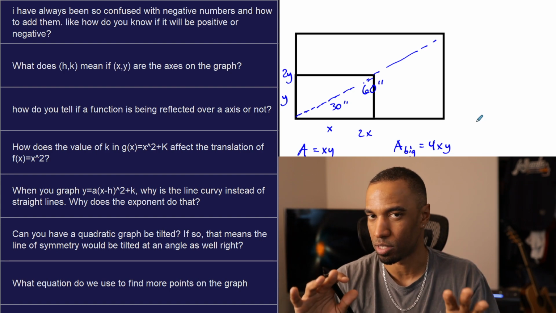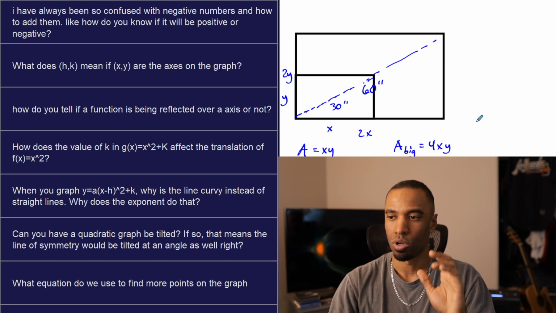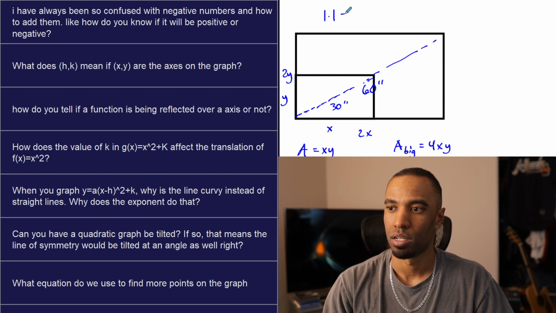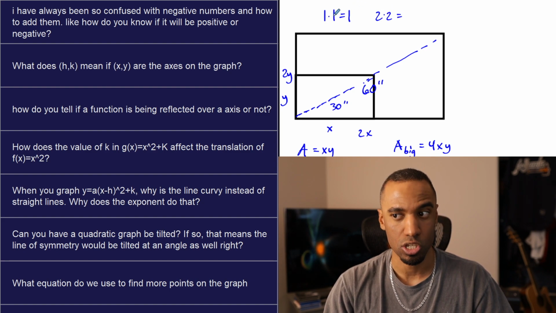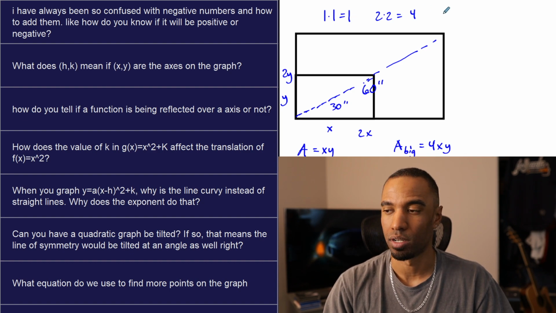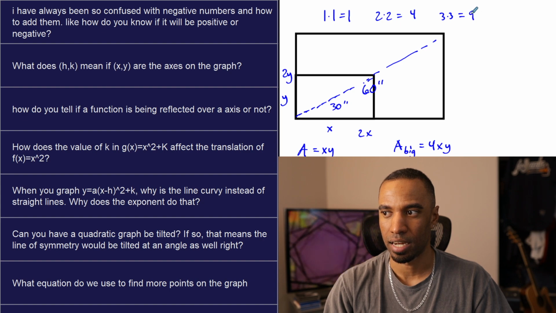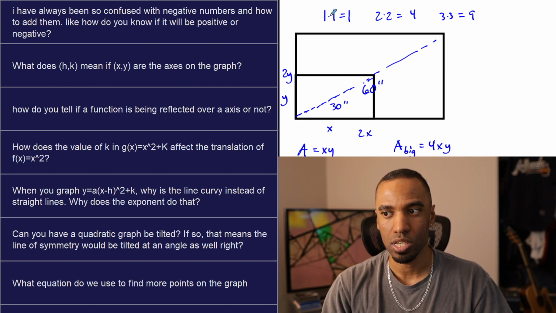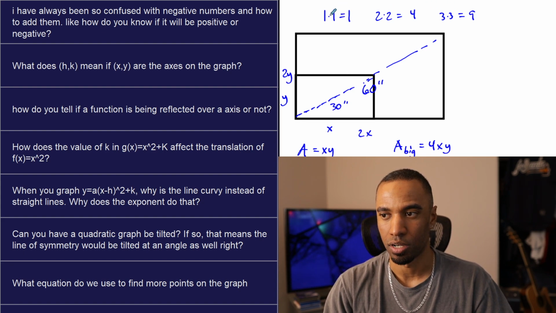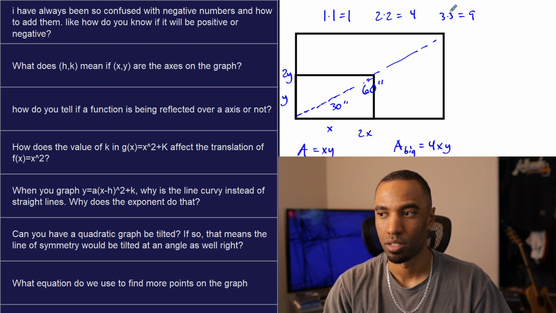I don't know if I'm answering this very well, but it grows in both dimensions. 1 times 1 is 1. 2 times 2, which is twice as much as 1, is 4. 4 is 4 times more than 1. 3 times 3, which is 3 times as much as 1, is 9. 9 is 9 times as much as 1. So notice, I'm not just 3 times larger. I'm 3 times 3 times larger.